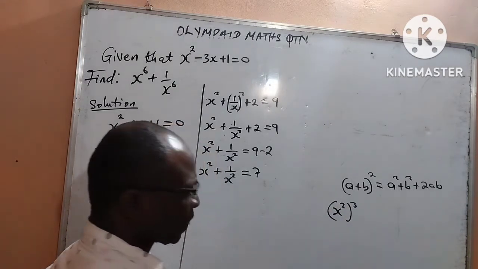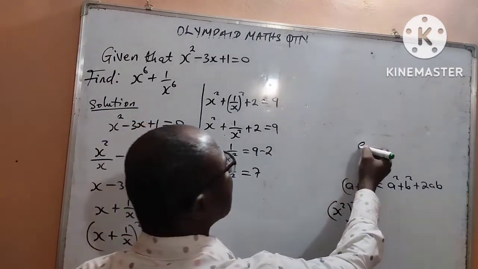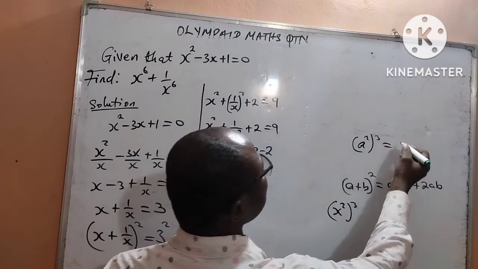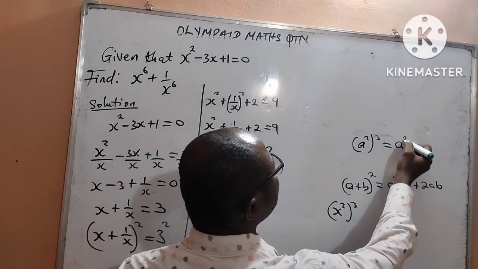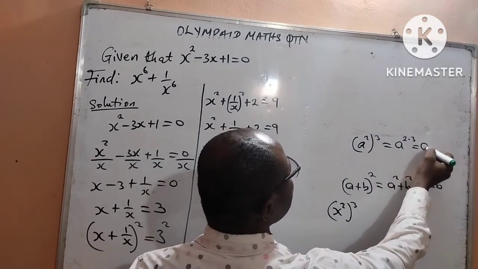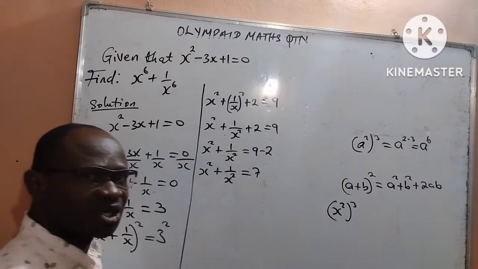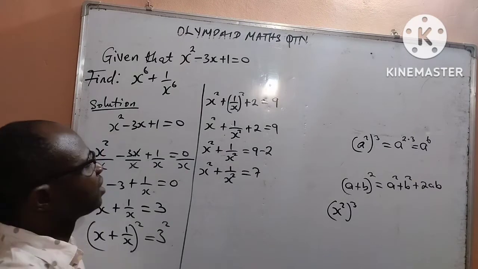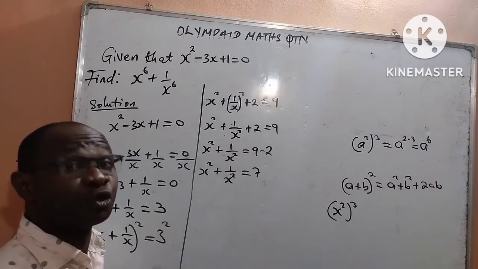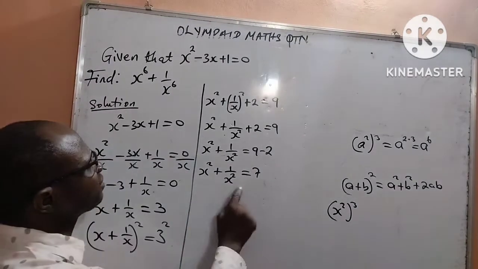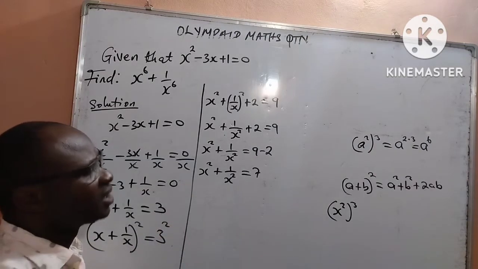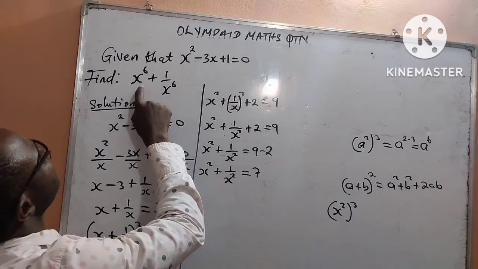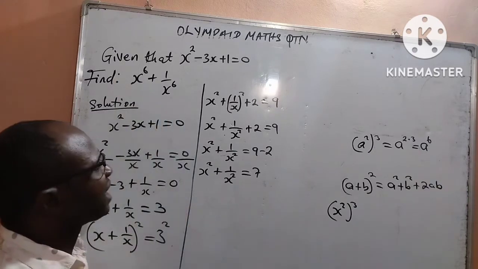And by law of indices, if I have (a^2)^3, what it means is a to the power 2 multiplied by 3, which is a^6. So therefore, if I raise both sides to power 3, I shall get power 6, which is my main target in the equation that I am given.